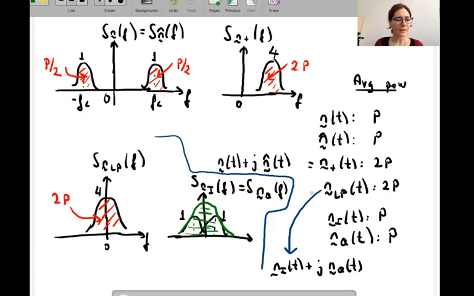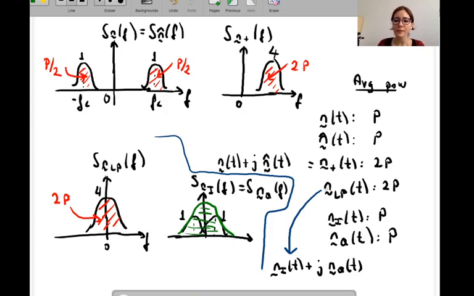I mean, you can't claim this in a general manner, but here all these processes have special properties. I think we'll just prove that these are orthogonal and uncorrelated. This is just to give you a feeling about this. This one is composed of these two, so in some way its power also consists of the sum of the powers. n_LP is the equivalent of the original process, but with a shifted spectrum, so their average powers are the same.